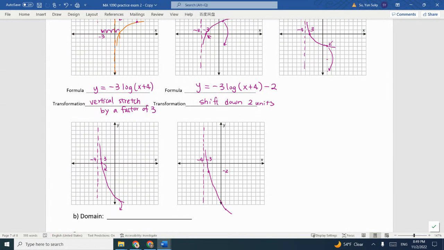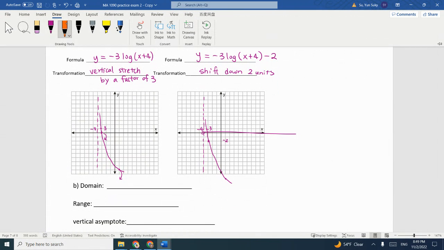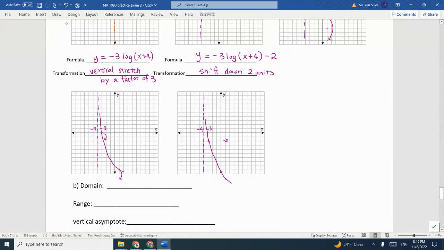And now the domain. You kind of project this on the x-axis. Can you imagine the shadow? The sun is right here, and you project this graph on the x-axis.